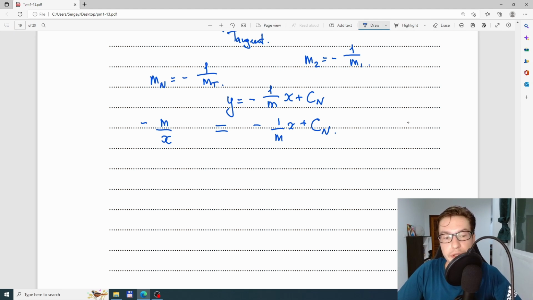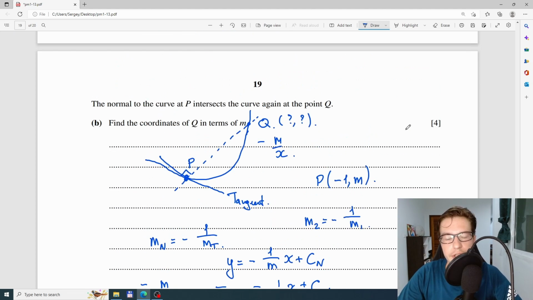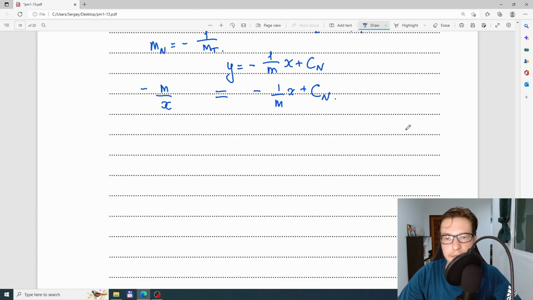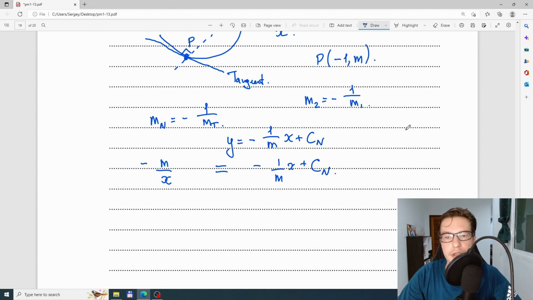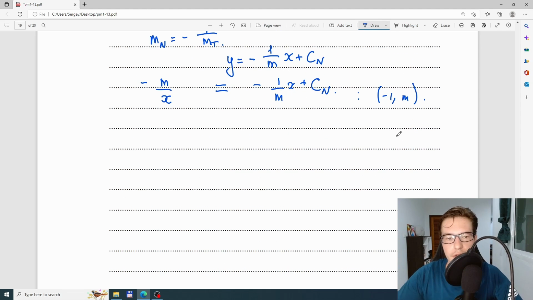Okay, now we know that the curve and the normal share the point P. So I can substitute x equals minus 1 into this equation, and that's probably going to help me figure out the value of cn. So substitute x equals minus 1, and I will get m equals 1 over m plus c normal.